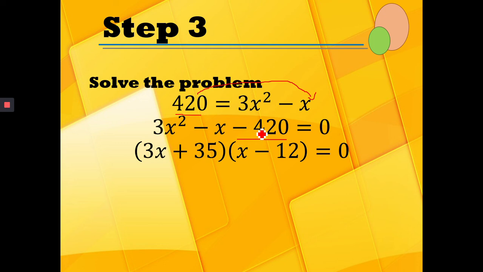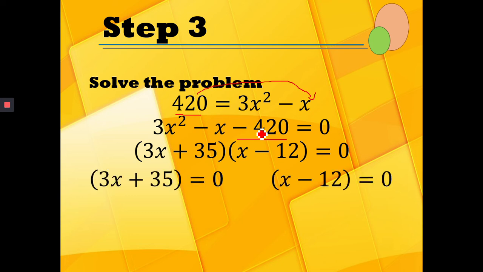Okay? Then after that, we will be getting the roots or the value of x. Okay, so of course, i-chunk natin siya. So, since naka-factorize na siya, pag-iwalayin natin yung dalawa, so we have here 3x plus 35 equals 0, then x minus 12 equals 0. Okay, then after po nun, isa-isahin natin.